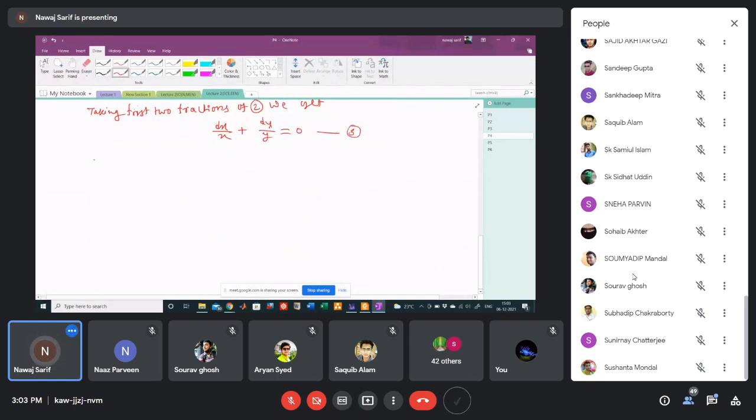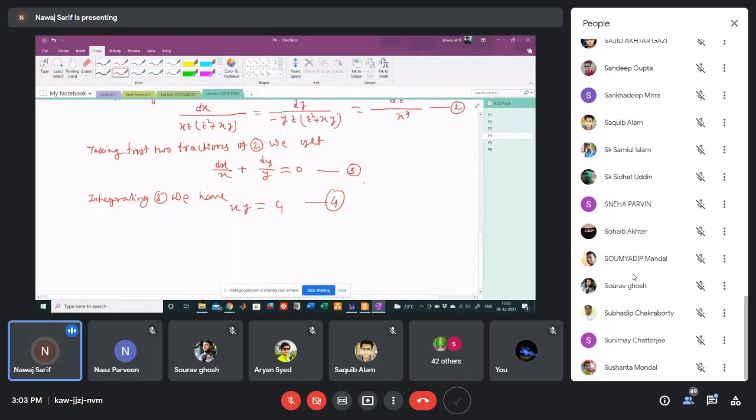So integrating 3, we have xy equals to c1. Put this as equation number 4. Now you can see that in equation 2 you have xz(z² + xy) and dy by minus yz(z² + xy) and dz by x to the power 4.